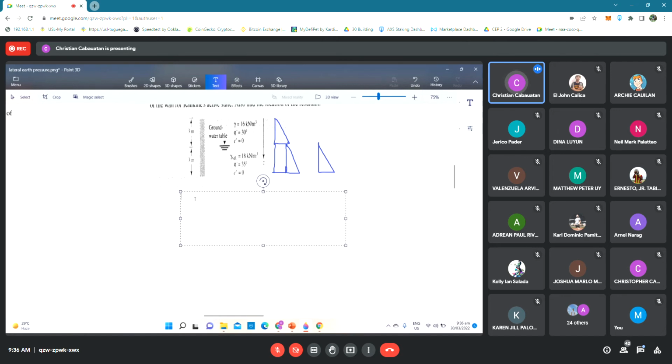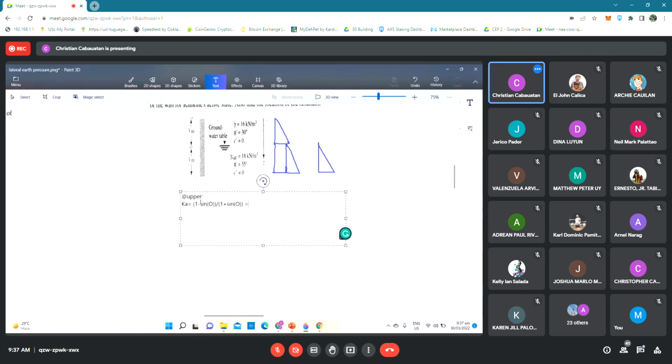Okay, for the upper layer, determine the value of your coefficient, which is Ka. Ka is equal to 1 minus sine of your phi divided by 1 plus sine of your phi.